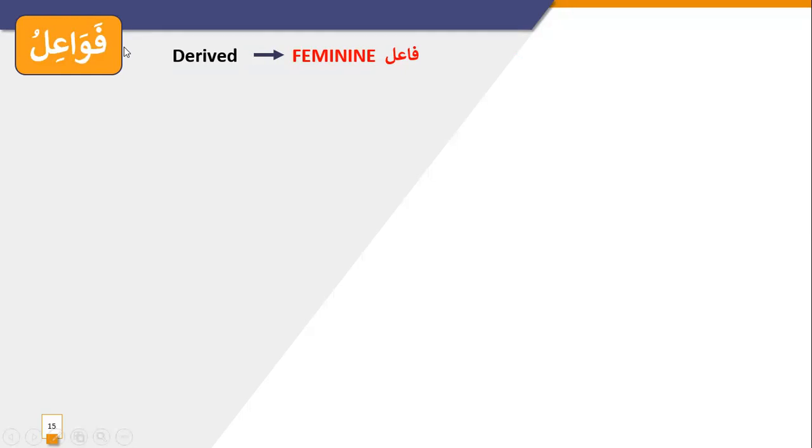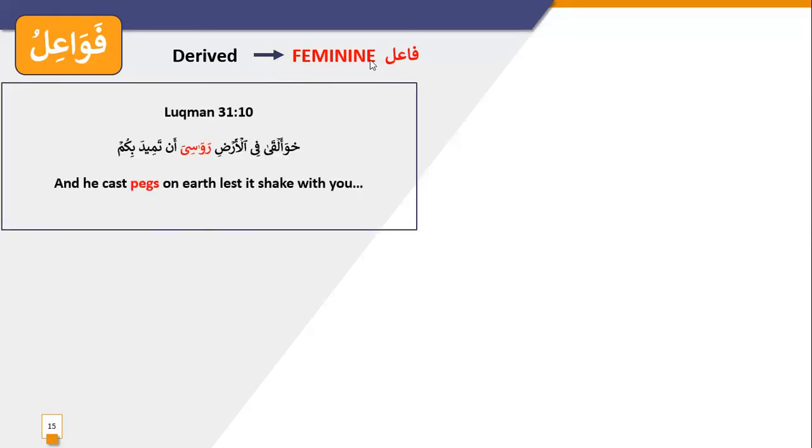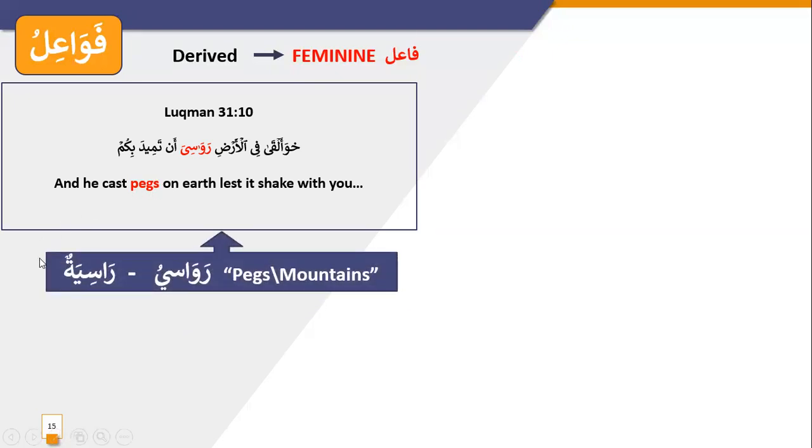I'm not saying that these broken plurals all have this pattern, but usually this broken plural is derived from a feminine fa'ilah. Like, for example, we have over here an ayah from Surah Luqman. Over here, Rawasiya, which means pegs, or basically mountains. And Rasiyatun is the feminine fa'ilah, and the broken plural is Rawasiyu.